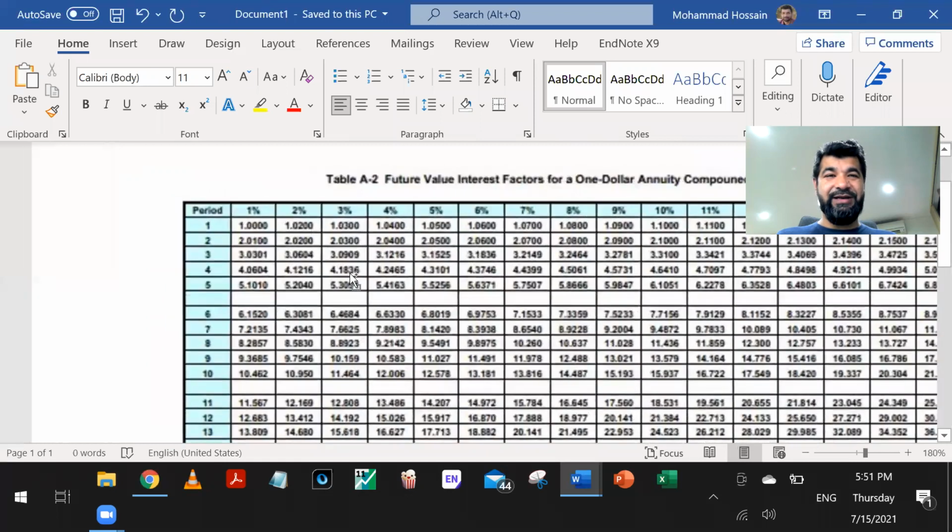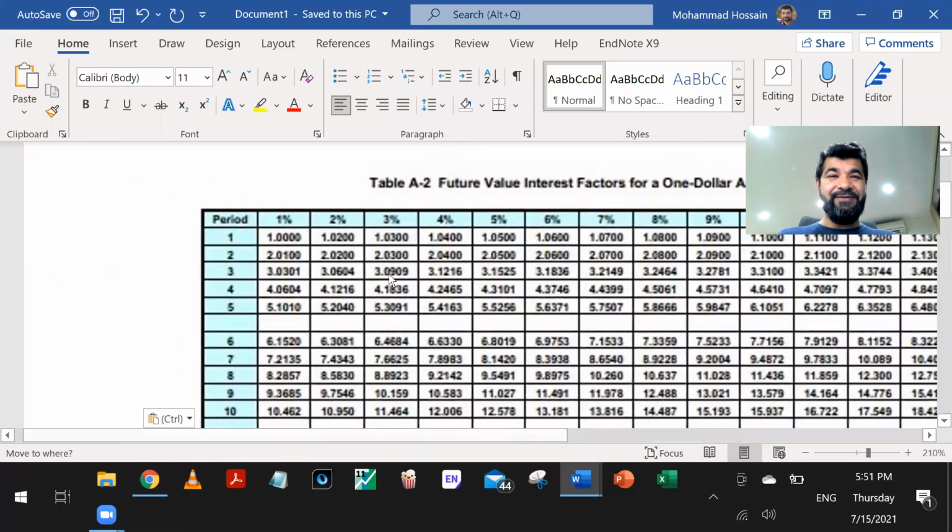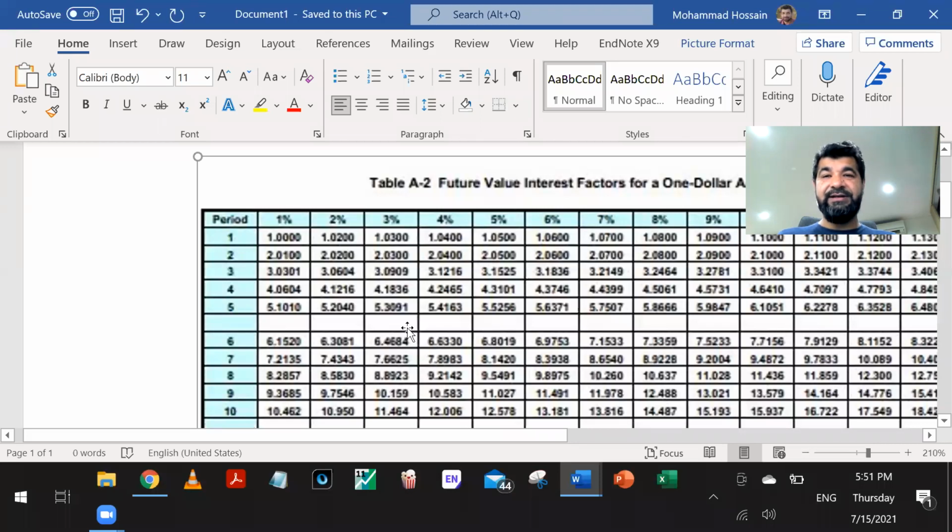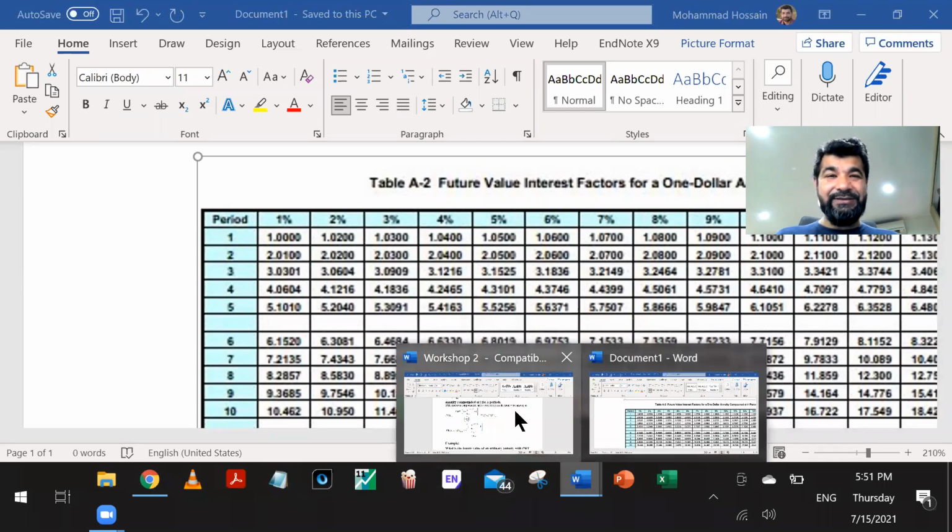So let's make it bigger and see. If we say 5 years, 8%, you just multiply the payment by 5.8666.